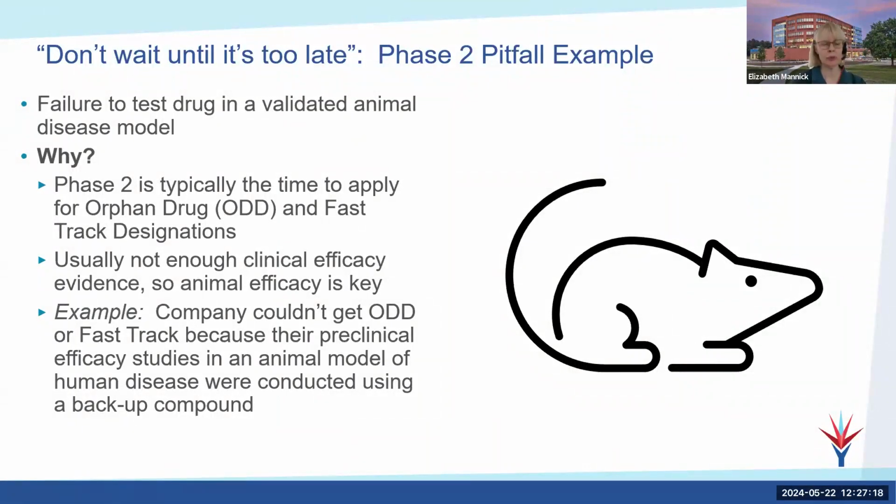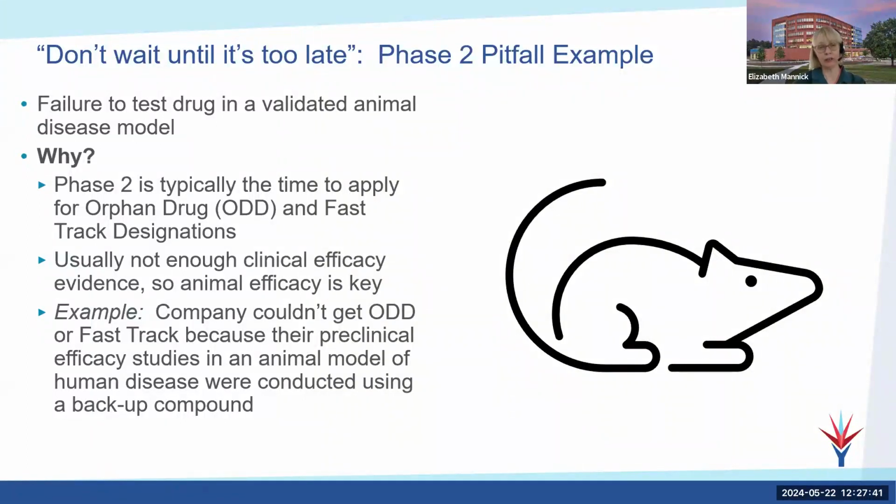So why is this important? In phase 2, it's the typical time to apply for orphan drug designation and fast track designations. Orphan drug can give you 7 years of exclusivity in addition to the exclusivity you already have, and can make a huge difference in your bottom line post-marketing.